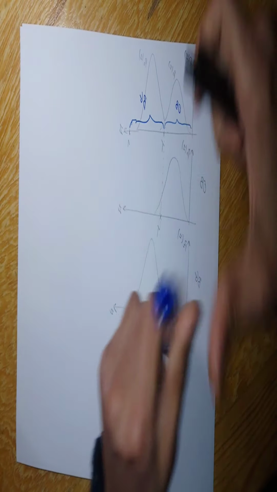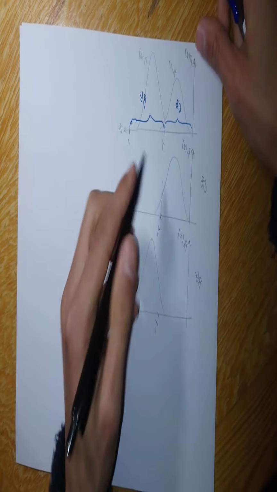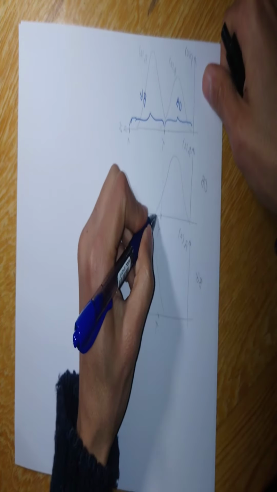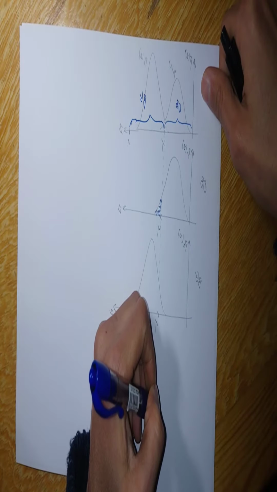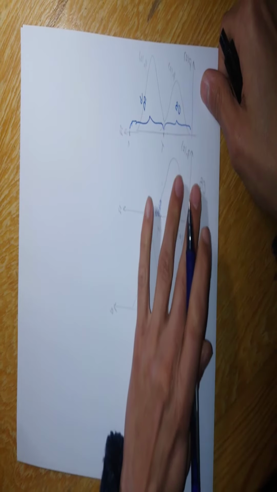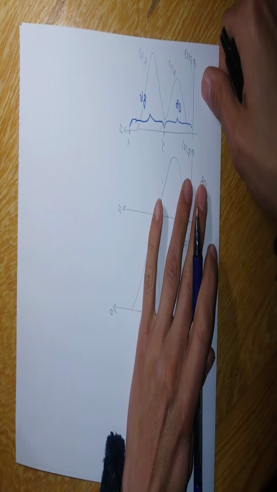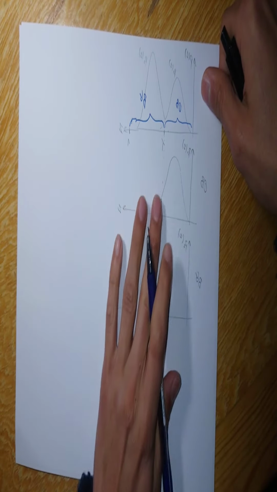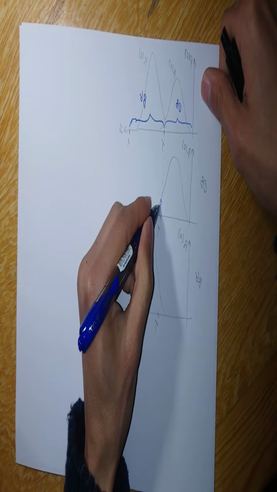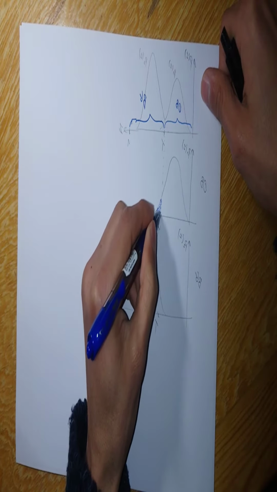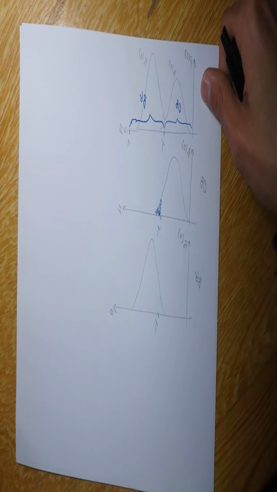Given that, this proportion here is going to be misclassified as a background. Remember that this is the probability density function of the object, so everything in this distribution is an object, but if I set a threshold here, this proportion is going to be misclassified as a background. This is wrong.